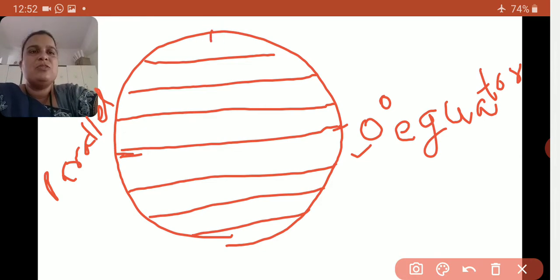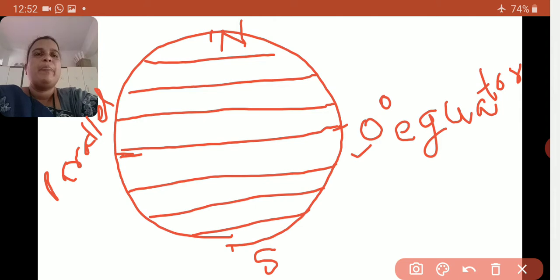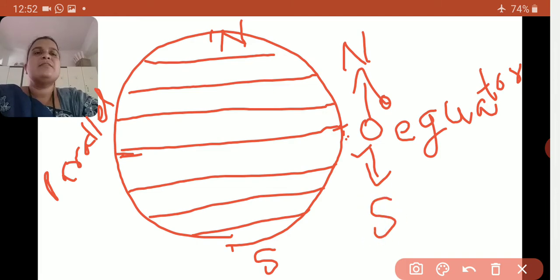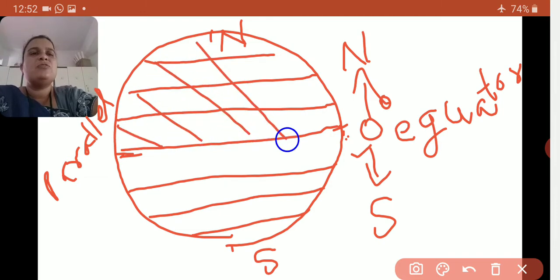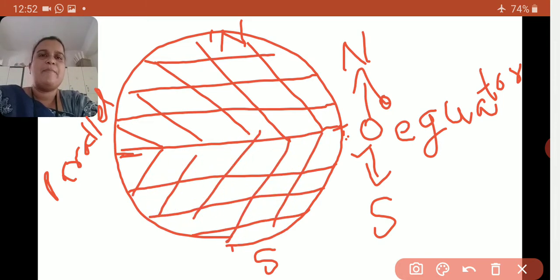This is, my dear students, North Pole. This is South Pole. The area above 0 degree is called the north hemisphere, and the area below 0 degree equator is called the south hemisphere. Here you can see this is the north hemisphere and this is the south hemisphere.